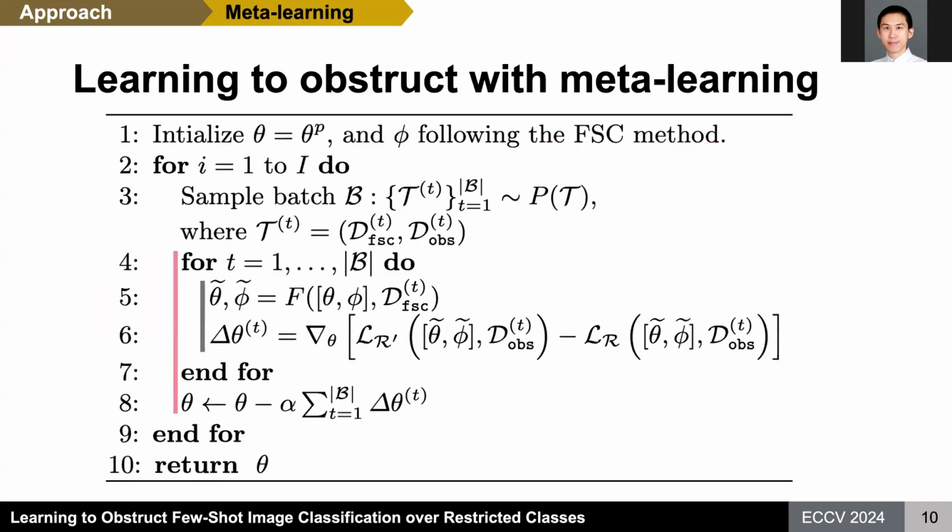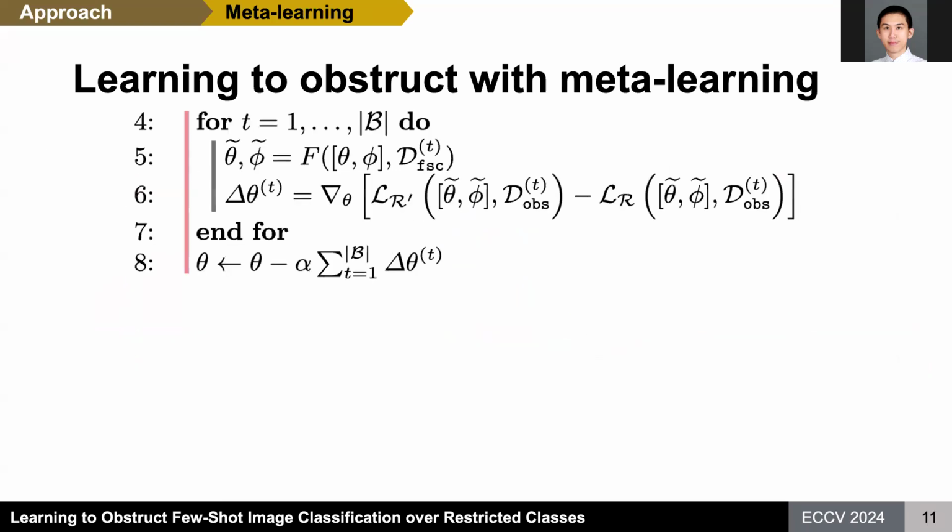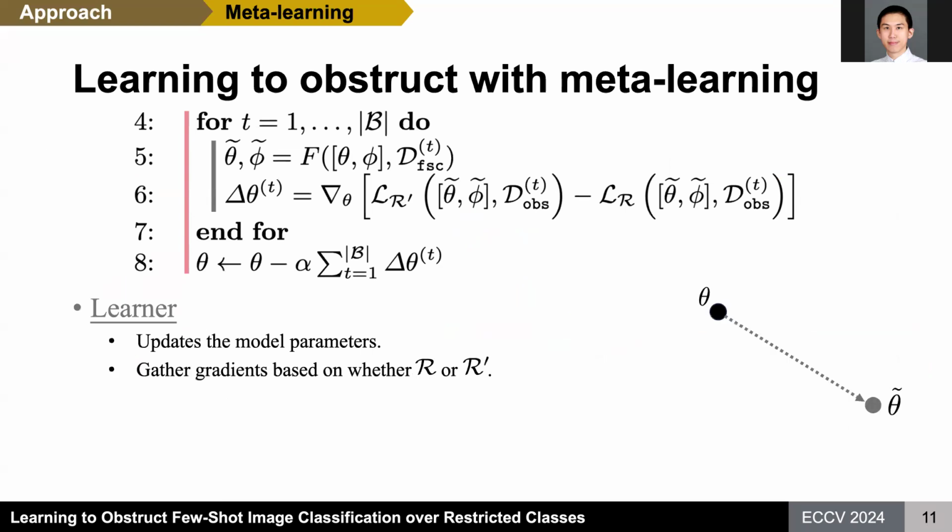Our learning to obstruct algorithm is based on meta-learning, where we propose to learn difficult initialization for the downstream learner. The key portions of our algorithm are highlighted here. The gray line indicates F, the learner. The learner updates the model parameter and gathers gradients based on whether the input belongs to R or R prime.